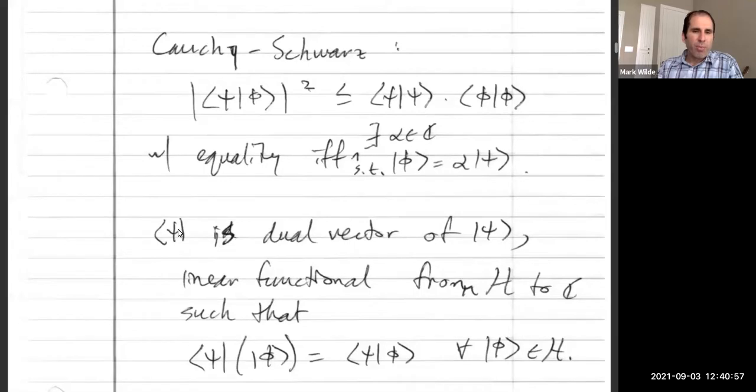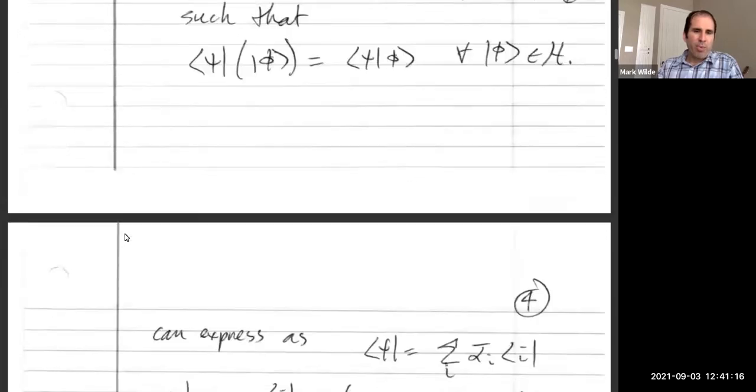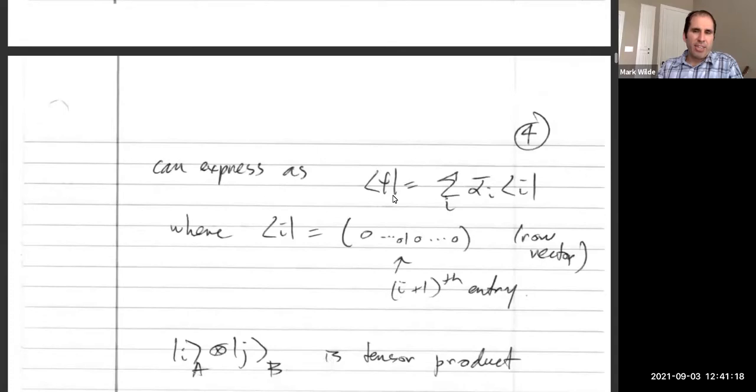This notation indicates that this right here is the dual vector of psi. It's often called a bra in Dirac's bracket notation. A simple way to think of it is as a row vector. You take all the elements of psi as a column vector, and then you complex conjugate the entries, and this right here is a row vector.